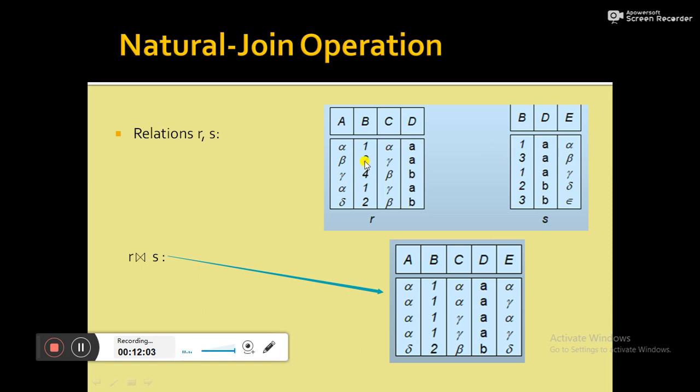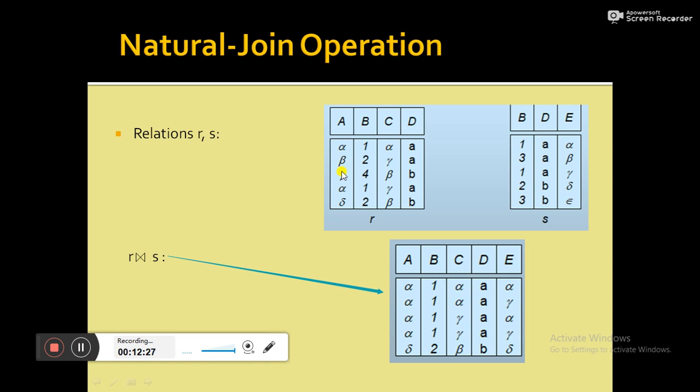The common value is 2A, but this is 1A, not going to be selected. Second, 3A, not going to be selected. Next, 1A, here it is 2A, not going to be selected. This 2B is not same, 3B is not same. So beta 2 delta A is not going to appear here.